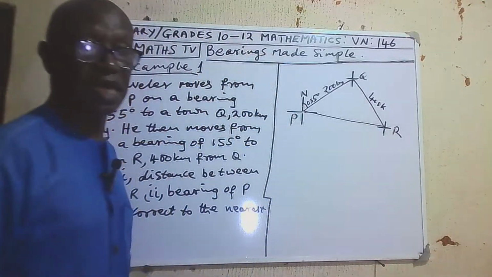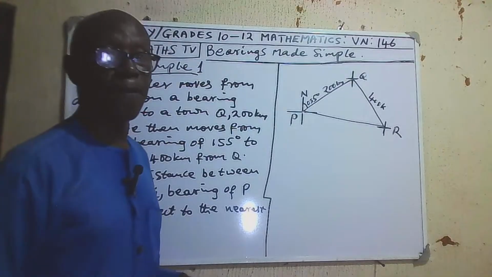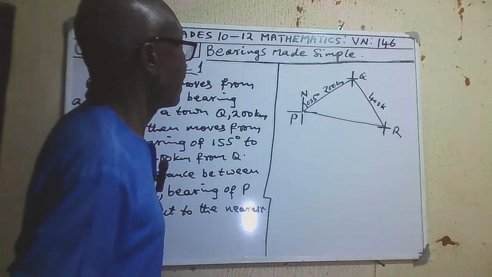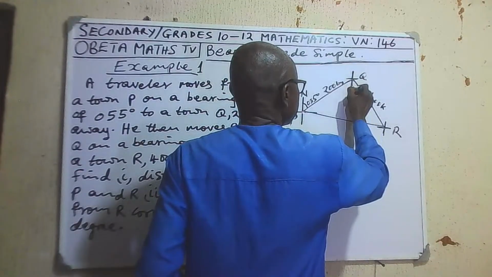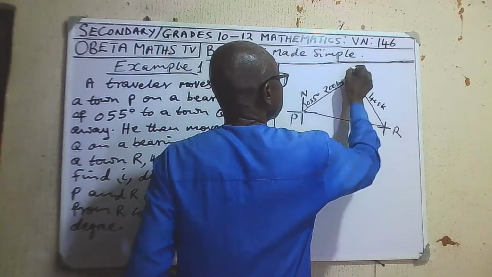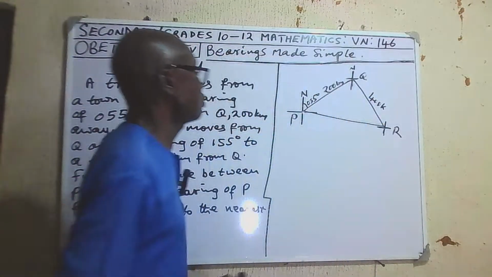And before we do that, we have to make sure that at least we know the whole of this angle. So this is parallel to this, because we can say we have another knot here.